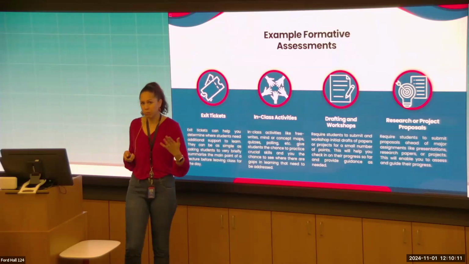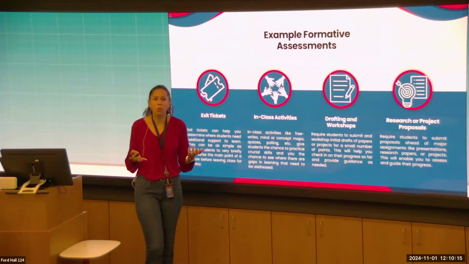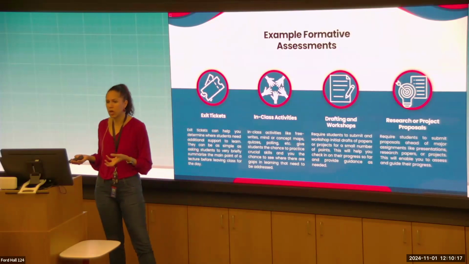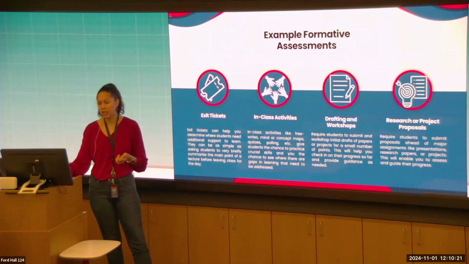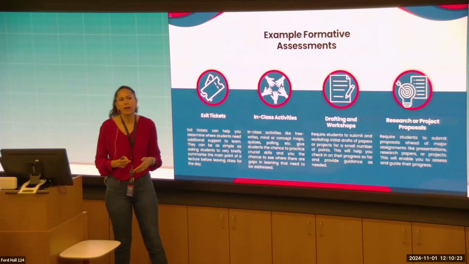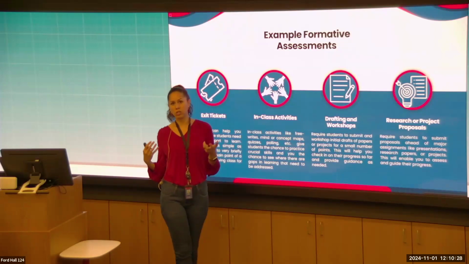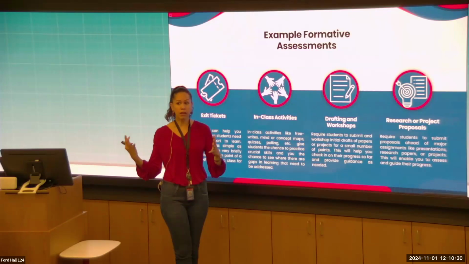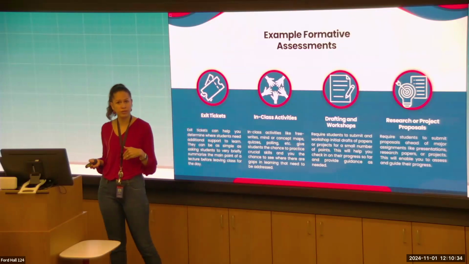So if you have any papers or research papers, providing lower stakes drafts, so you can provide them with feedback, and you can check progress, particularly in the age of AI. Scaffolding assignments and providing the students with that opportunity to submit drafts or work in class to do drafts is good, because you start familiarizing with the student's voice.